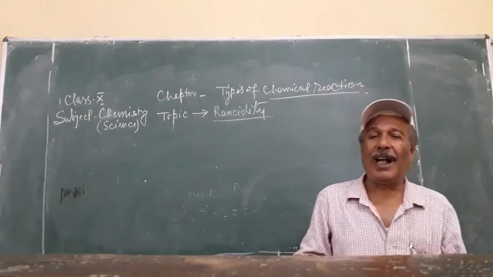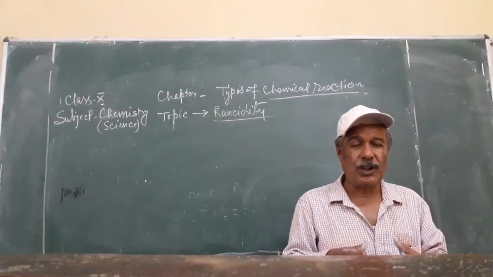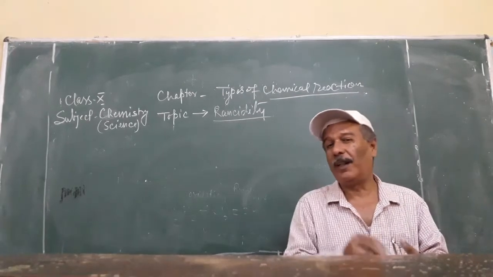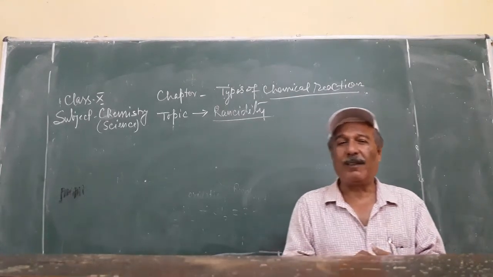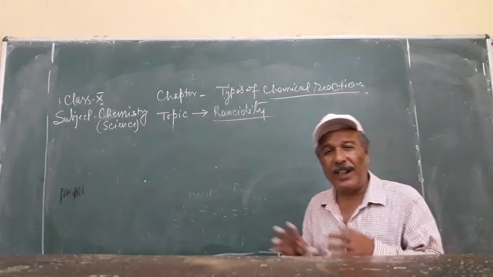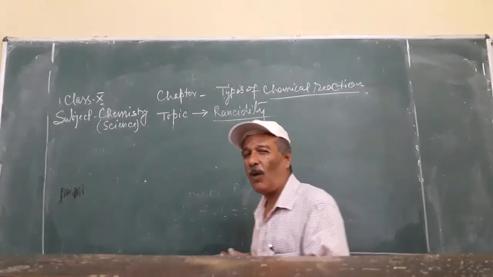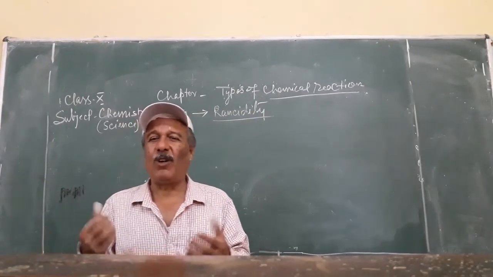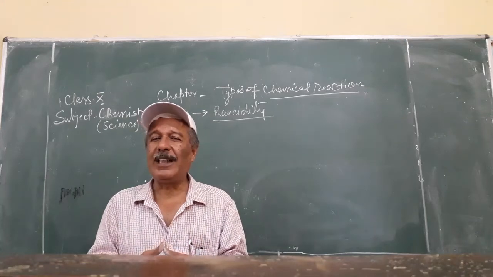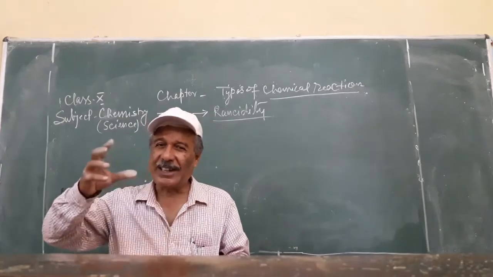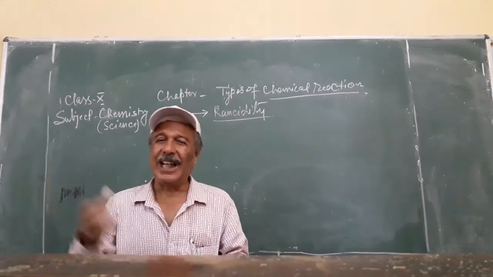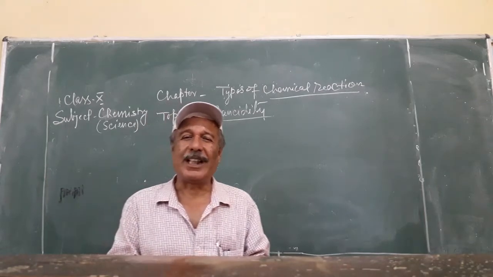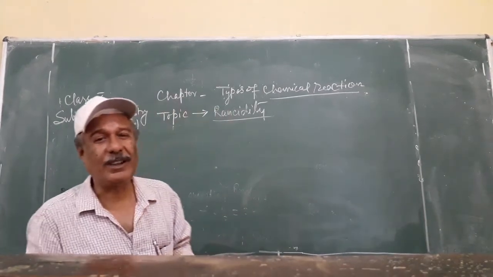So really, in rancidity what happens? Edible oil was used to fry that food, and at that time it was very tasty. But when it was kept for a long time and in contact with air also, what happened? Oxidation of that material has taken place over a very long time.